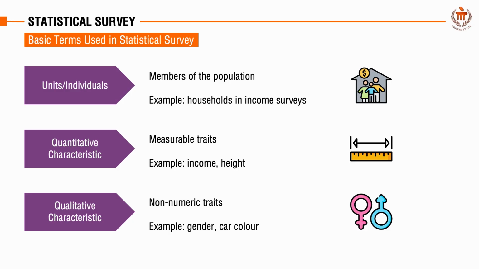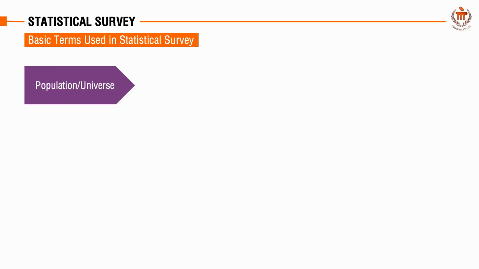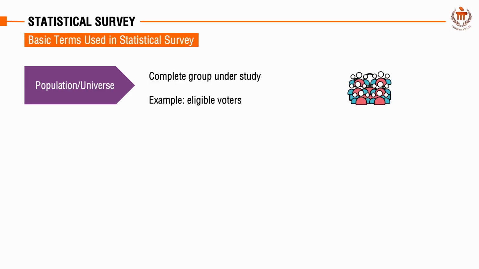meaningful analysis. Talking about population or universe, it refers to the complete group or entire set of individuals or units that are under study. This could be any defined group such as eligible voters in the country, all households in the city, or all employees in an organization. The population represents the broader group about which the conclusions are to be drawn.